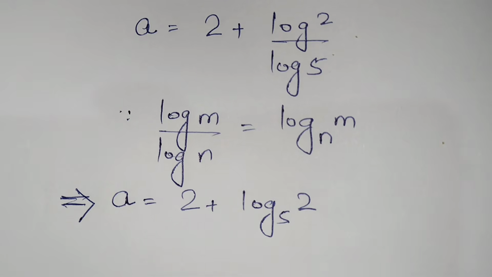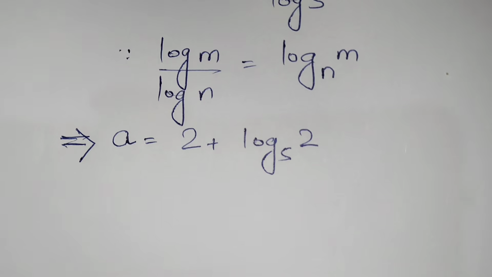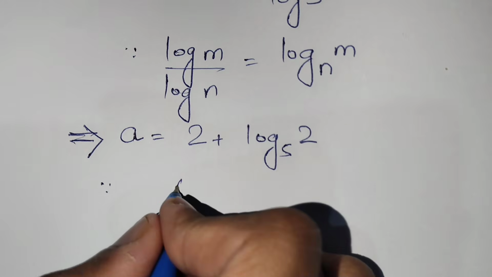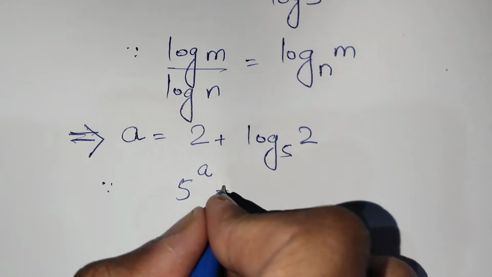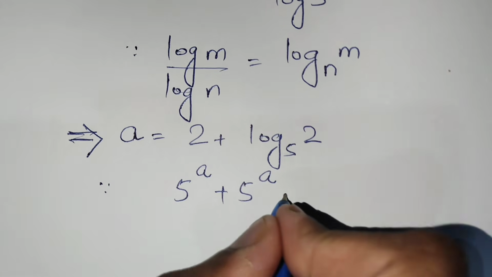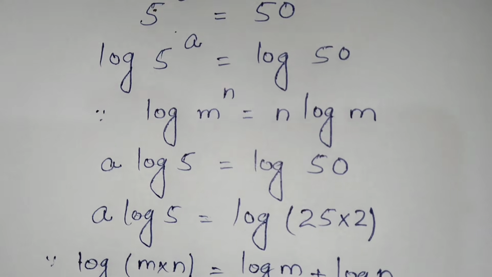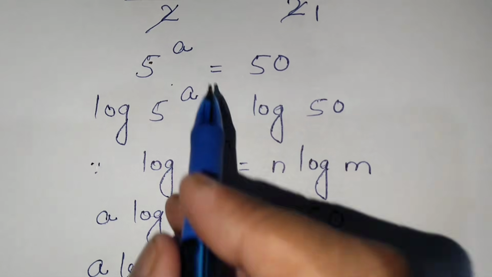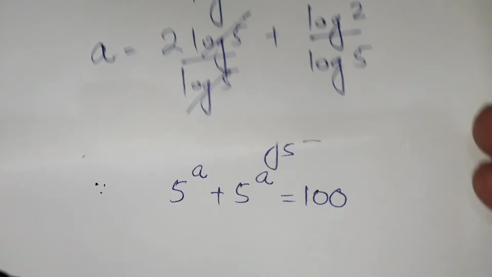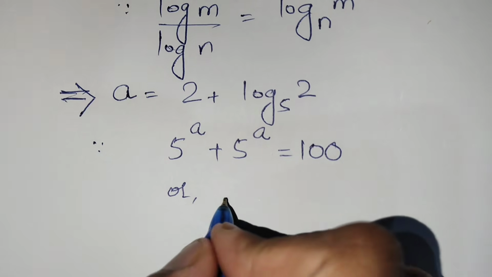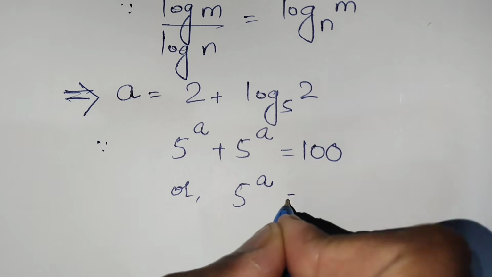But we will do a check here. We will put this value of a back in our given question, which is 5^a + 5^a = 100, or the simplified form of this equation, 5^a equals 50.